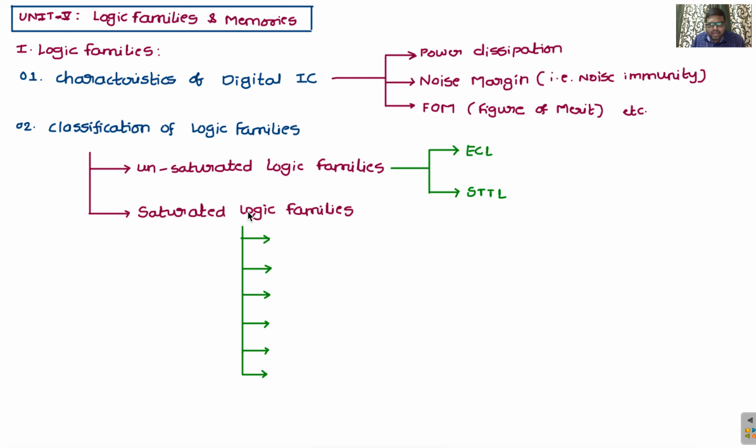When it comes to saturated logic families, this is classified into six types. One is direct coupled transistor logic, DCTL. Second is RTL, resistor transistor logic, and next is diode transistor logic, DTL. Next, TTL, transistor transistor logic.